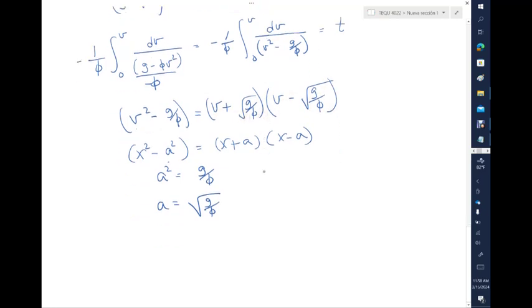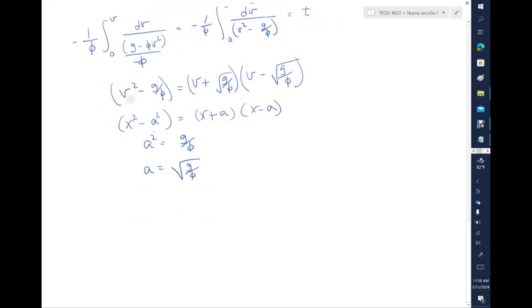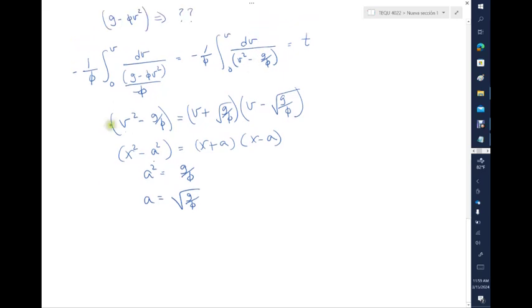That makes life easier because if I do my integral back and substitute this part here, we end up with negative 1 over phi times the integral of dv over v plus the square root of g over phi, times v minus the square root of g over phi.